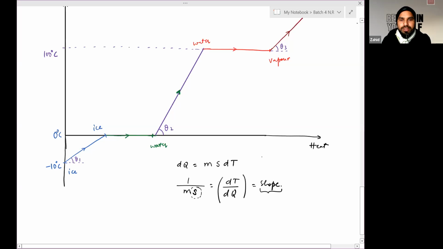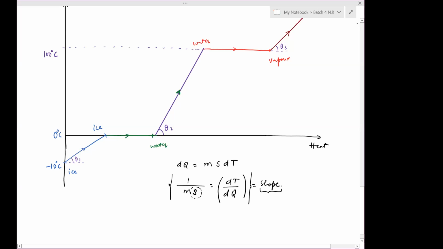So keep temperature in the numerator and heat in the denominator. I have rearranged this equation like this. So dt by dq defines perpendicular by base, which is nothing but tan theta, or it will be termed as slope. And according to this relation, the slope is inversely proportional to the specific heat of that substance. Is it clear? Yes, sir.